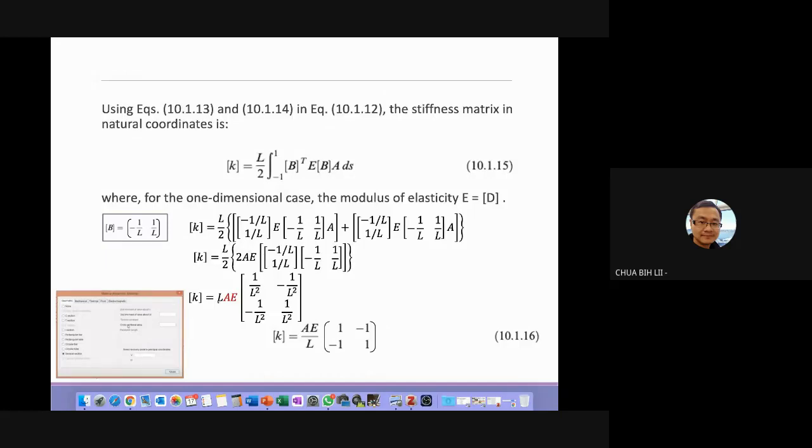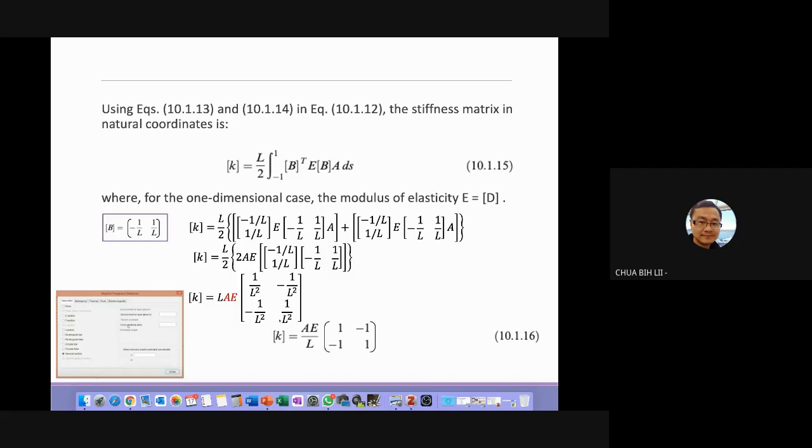Eventually you will see that K equals LAE times this matrix. If we further factorize this L over 2 out, eventually we get K equals AE over L times the matrix [1, -1; -1, 1]. And this is the exact same stiffness matrix that you obtained for a bar element previously.